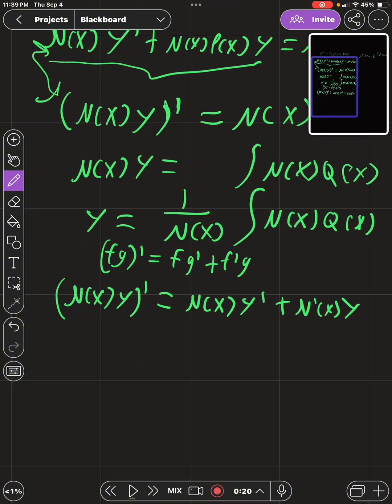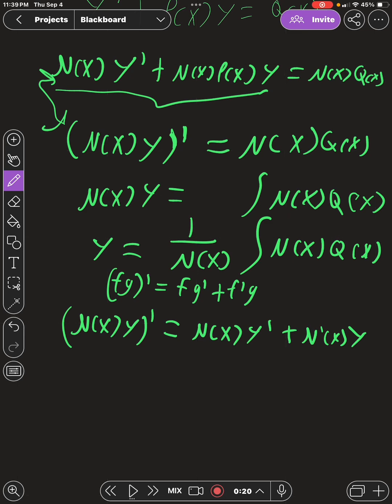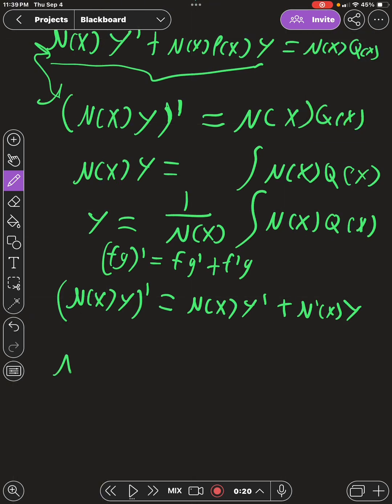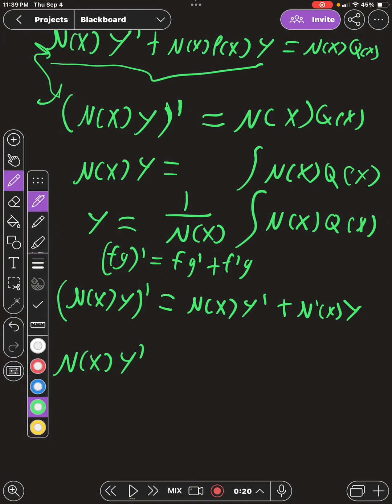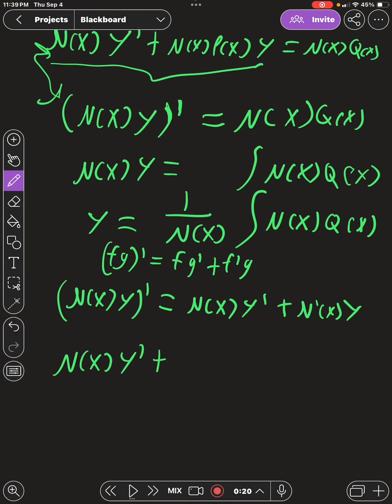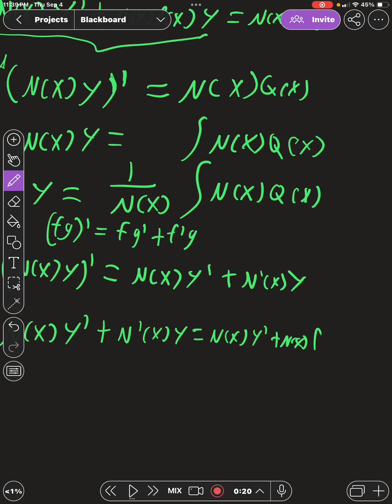And so what we're going to get is that mu of x y prime plus mu prime of x y is equal to mu of x y prime plus mu of x p of x y.